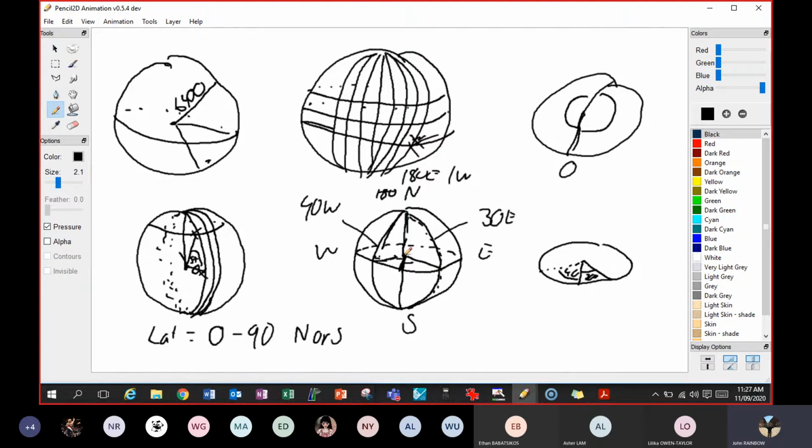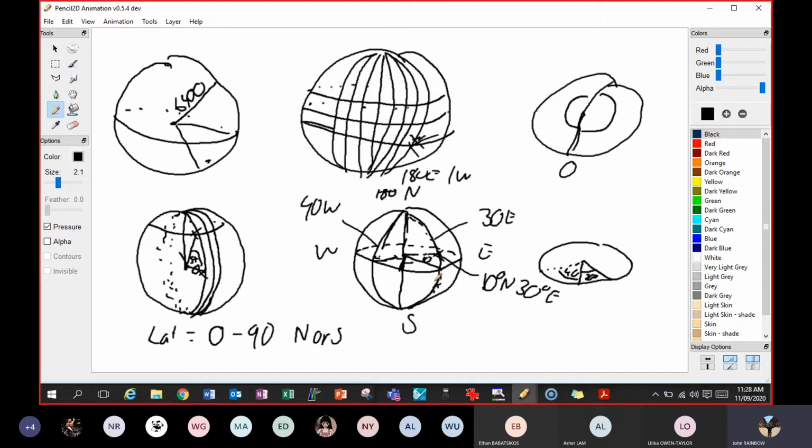So if you said 10 degrees north here, so if I had a line here that fell on this point here, if that was 10 degrees in there, that would be a coordinate. This coordinate here would be 10 degrees north, 30 degrees east, because I've gone 30 degrees east from the 0 line, and then I've gone 10 degrees up from my equator, north.